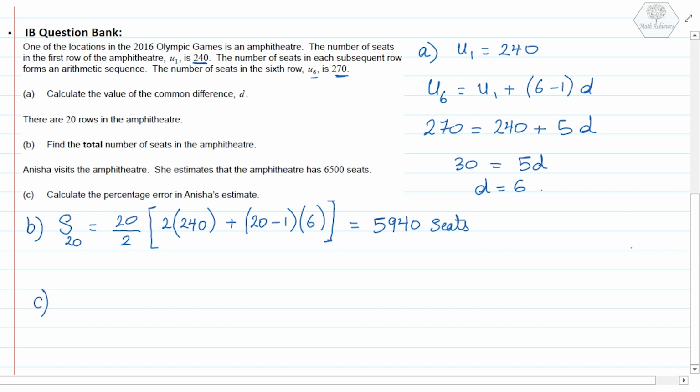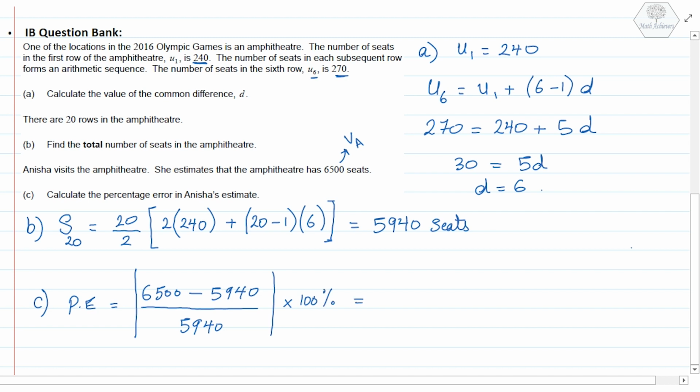The percentage error, P.E., is simply equal to the value approximate, which is 6,500, minus the value exact, which is 5,940, over the exact value, which is 5,940. I take the absolute value of this amount and I multiply it by 100%.